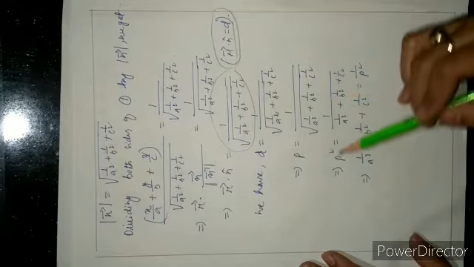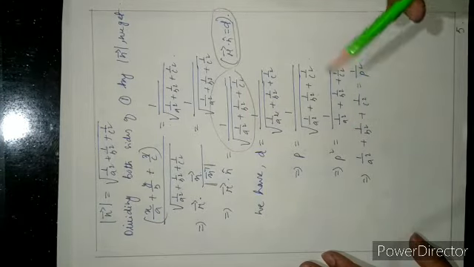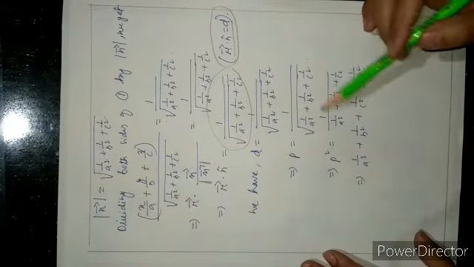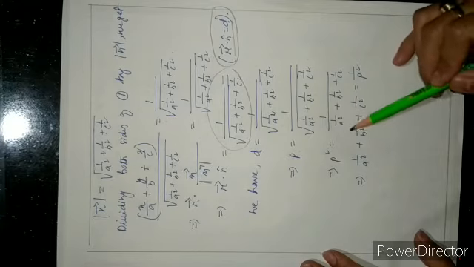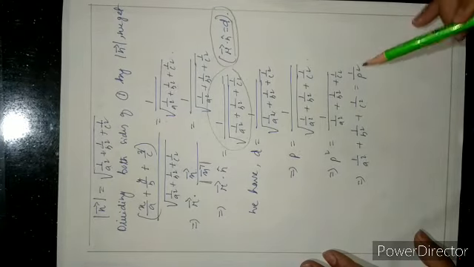Taking the reciprocal on both sides, we have 1 by a square plus 1 by b square plus 1 by c square equal to 1 divided by p square.